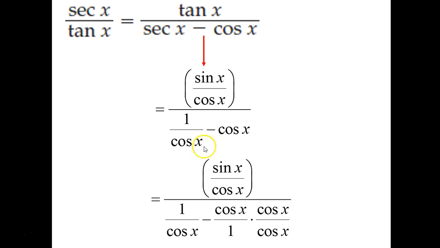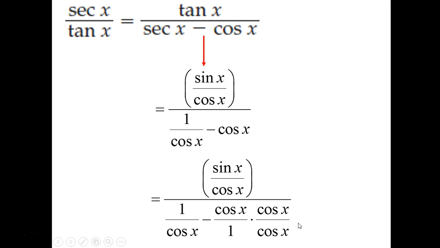So where did I go from here? Well, I left this sine over cosine alone. I left this 1 over cosine alone. So what did we do? Well, I took this cosine and put it over 1, but I know I cannot add or subtract fractions unless they have the same denominator, so I'm going to multiply by cosine over cosine, or by 1 in a useful way.